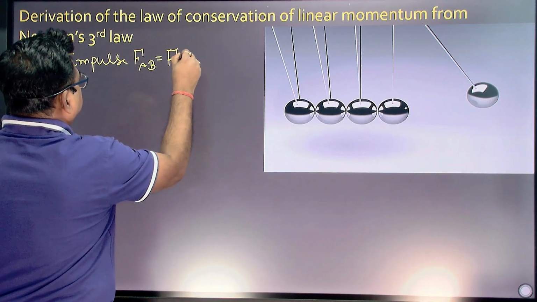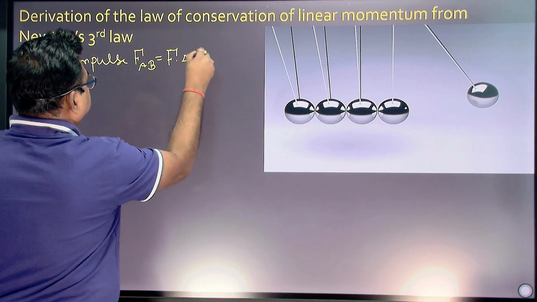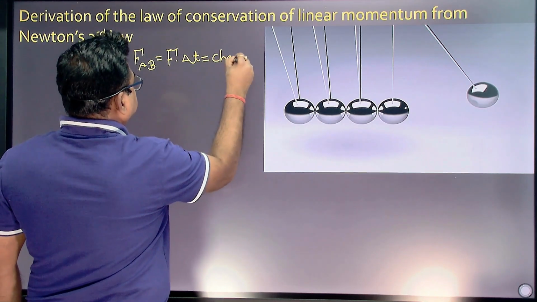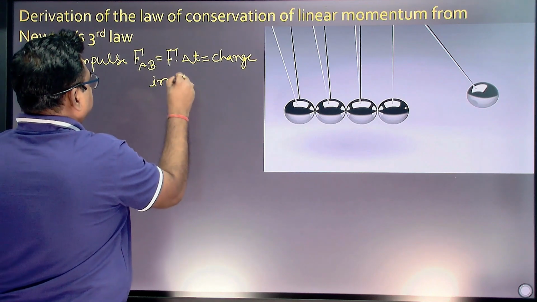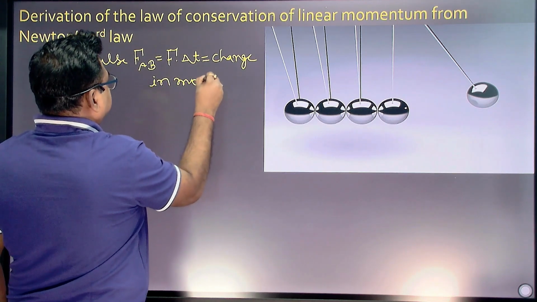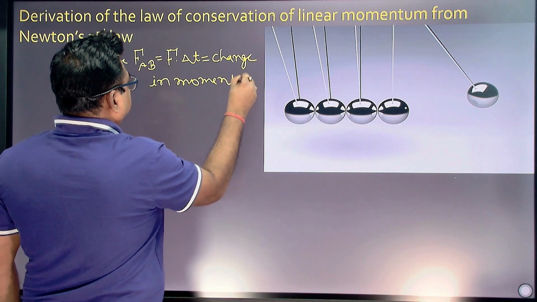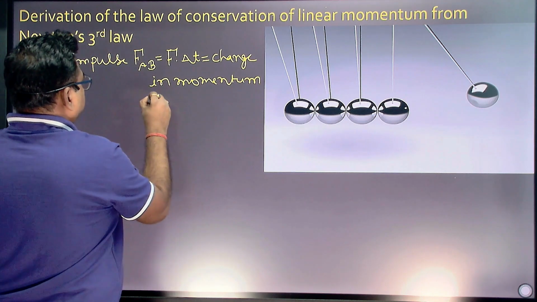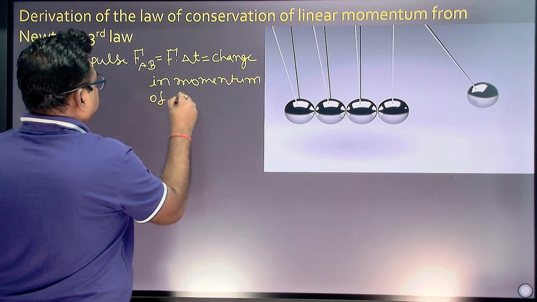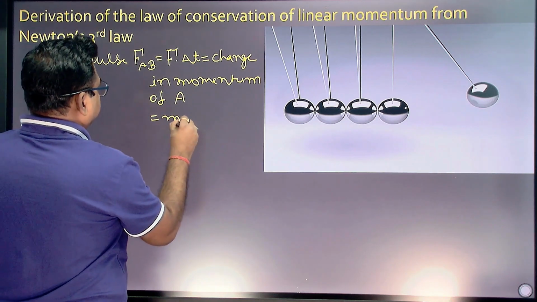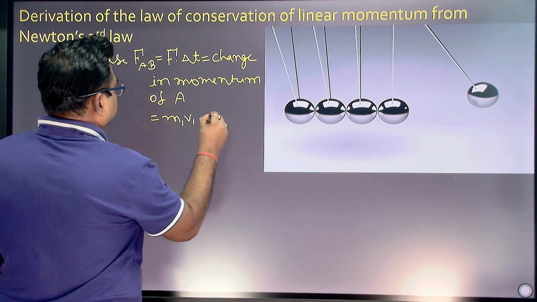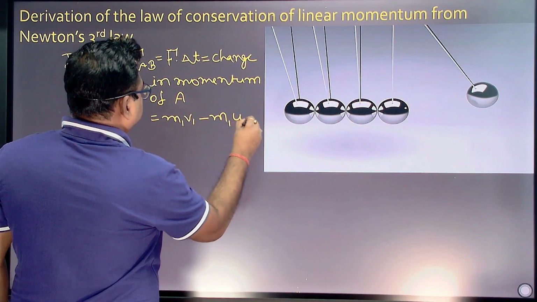Force into delta t is equal to the change in momentum of a body. That is m1 v1 minus m1 u1.